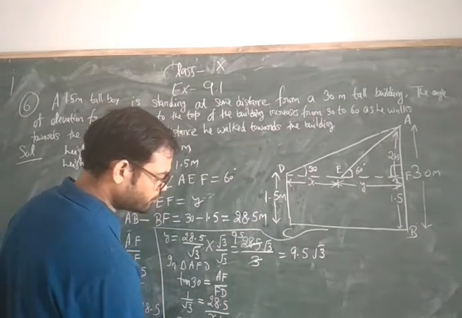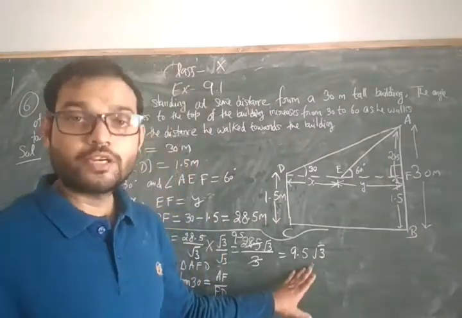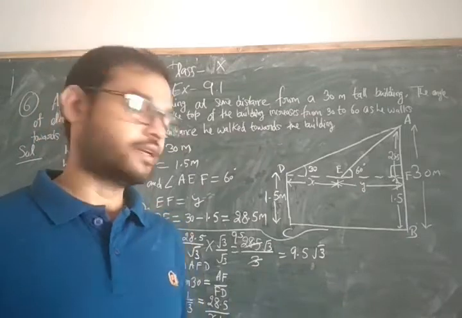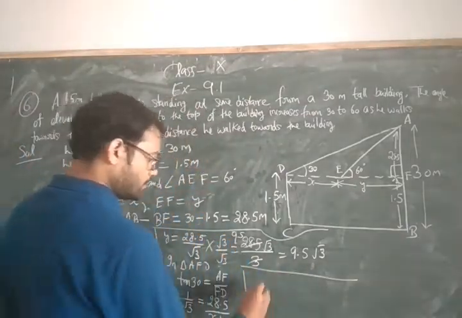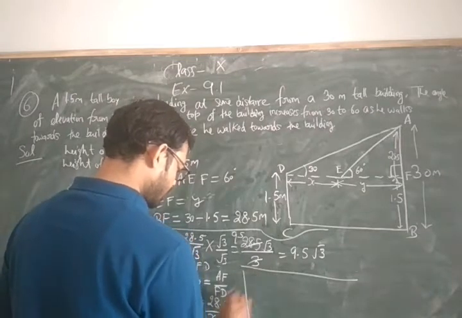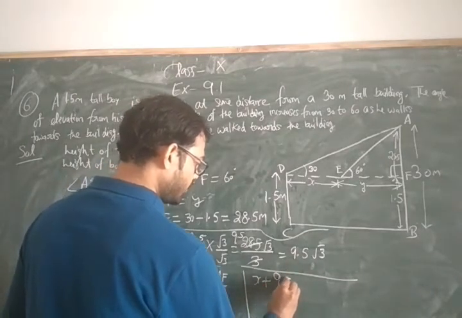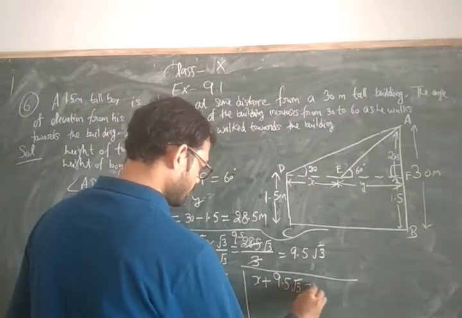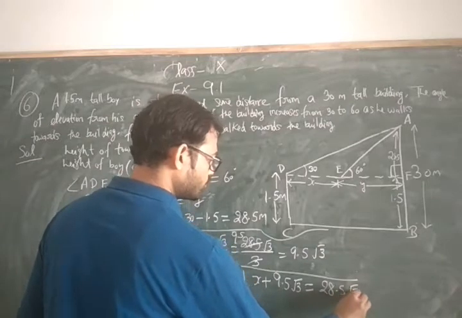X plus y is equal to 28.5 root 3. Now you can put the value of y which we already found in the first triangle. So x plus 9.5 root 3 is equal to 28.5 root 3.